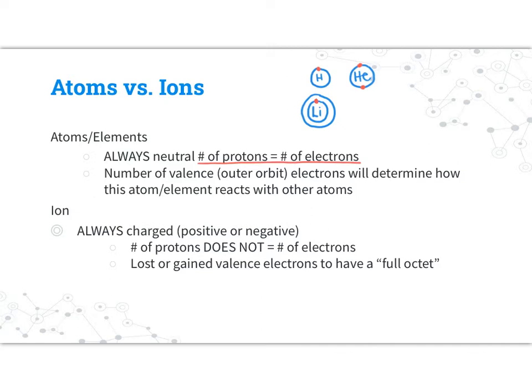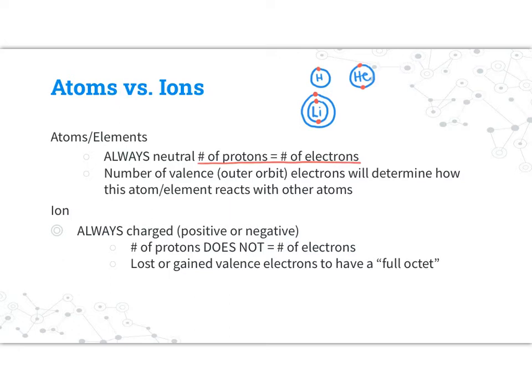So 2 of lithium's 3 electrons are in that first orbital. Again, lithium has 3 electrons. Its third electron doesn't fit in that first orbital. It only holds 2. So the third electron is in the second orbital by itself.